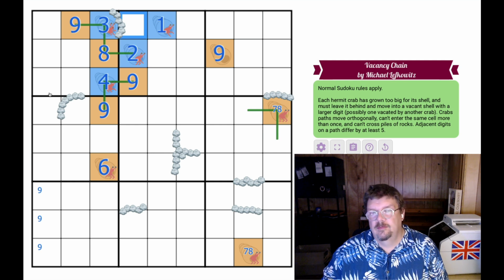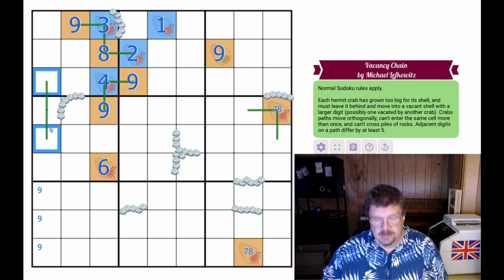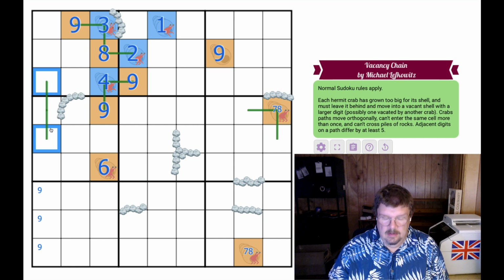It has to get to it from here somewhere. So it has to come down this way. And we can tell that by bishop's color of a chessboard, these two are low digits. That, and that's a high digit.